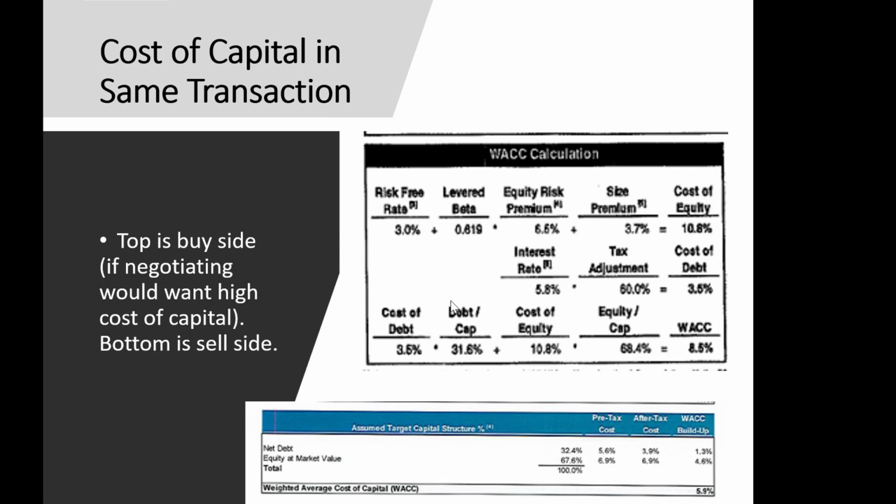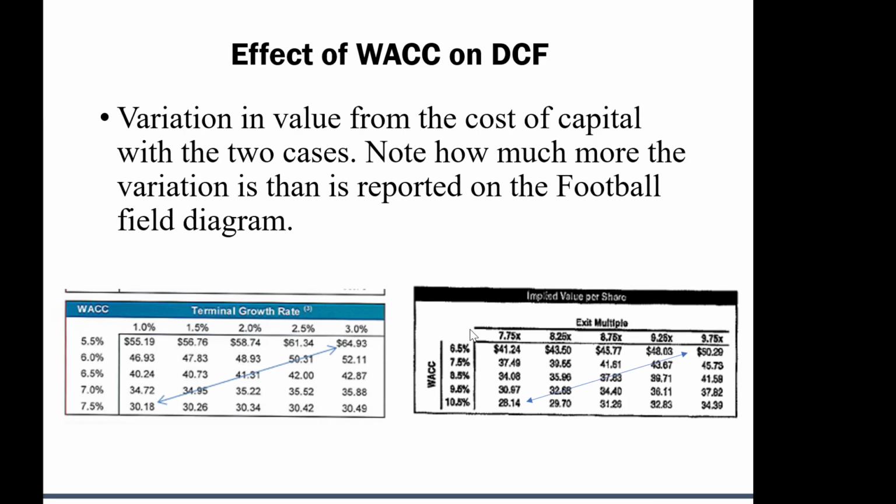Maybe I'll have that a little bit later. This one computed an after-tax equity cost of 6.9. The after-tax equity was 10.8. Debt cost of 3.5. That cost was actually a little bit higher in this case, and then you get to the weighted average cost of capital.